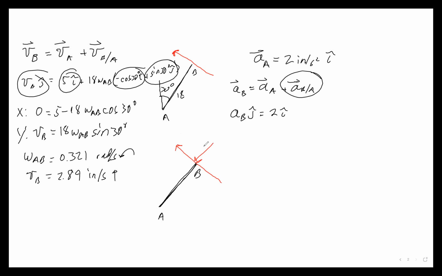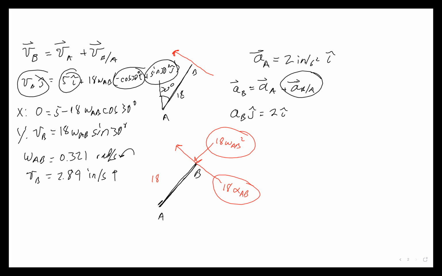All right, now the lever arm is 18, and the normal term will be the lever arm times the angular velocity of AB squared, and the tangential will be the lever arm of 18 times the angular acceleration of AB. These are just the formulas. It's going to be the same every single time. Okay, you just got to remember which is which.